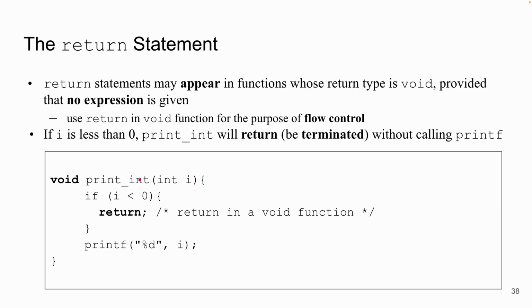To have this behavior, what I can do is put the return here. If the value stored inside i is indeed less than 0, then this line of return will be evaluated, and the function will be terminated without calling the printf in the printInt function.